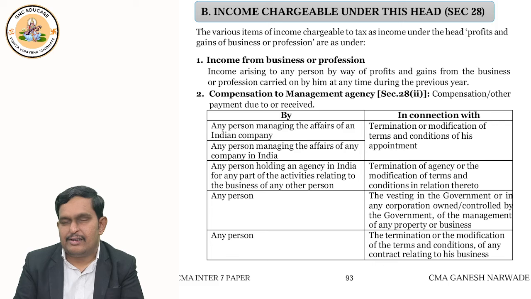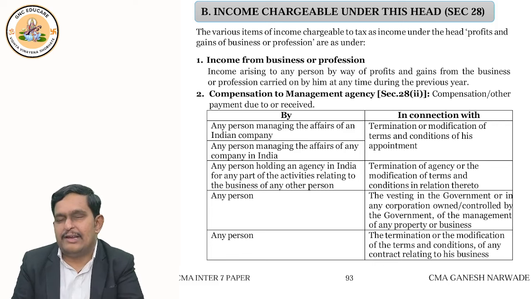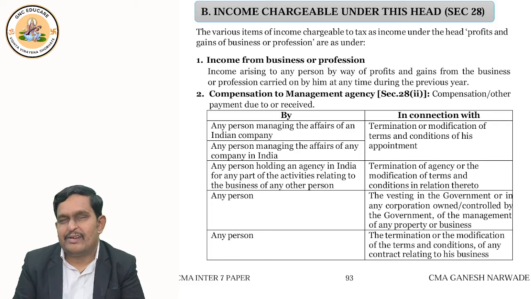Any person who is actually holding a position in the government or a position in a corporation held by government gets any compensation because he is removed, then that is taxed under the PGBP chapter. Similarly, the fifth point is also the same. Any person, but here any business is okay.